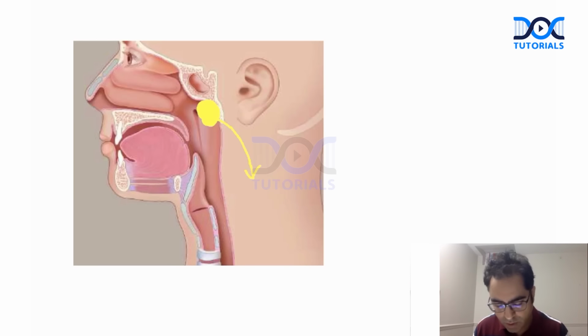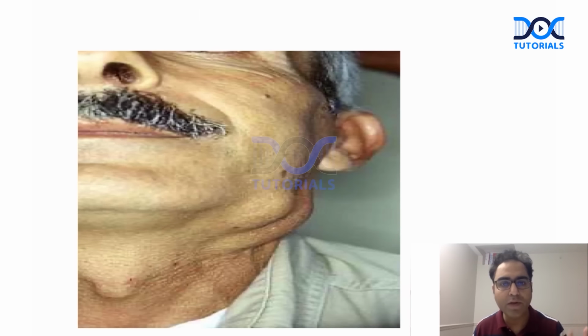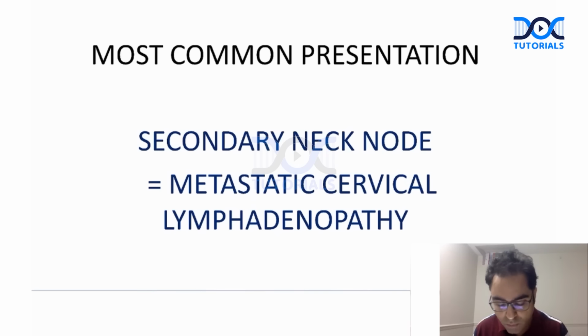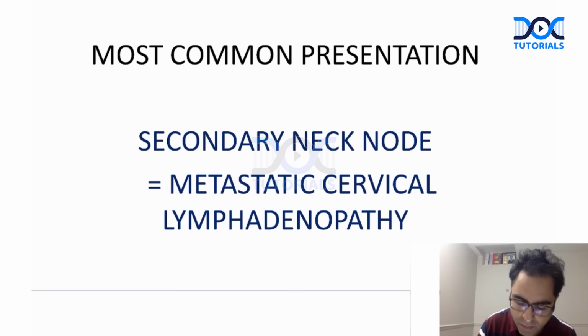So patient will come to the clinic and without even knowing patient has got cancer, patient will say, doctor, I've got neck swelling. What is this neck swelling? And that's a multiple choice question also. The most common clinical presentation of nasopharyngeal carcinoma is secondary neck node or metastatic cervical lymphadenopathy, and this is a very commonly asked clinical question.